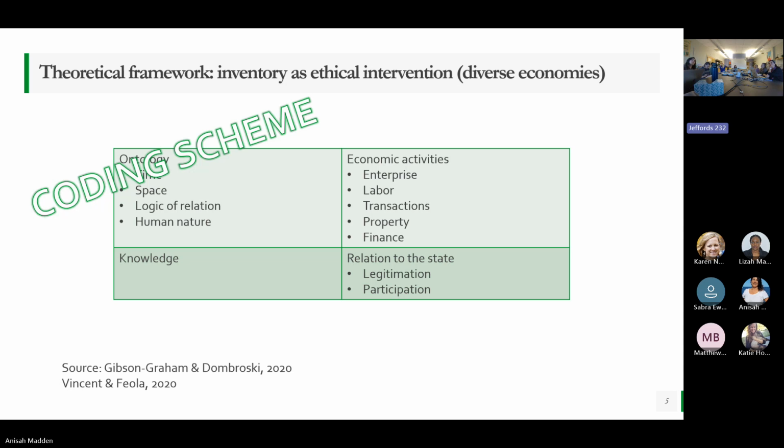So the idea behind diverse economies was that the term was coined by Julie Graham and Catherine Gibson. Julie Graham was actually at UMass, and Catherine Gibson is from Australia. The two of them started to work together and decided to write and publish under a joint pen name because their work was so integrated that it couldn't really be separated.